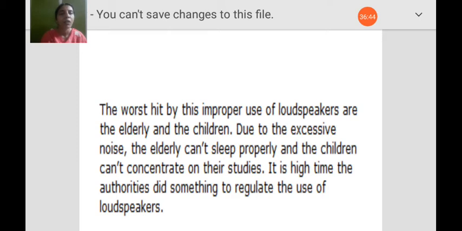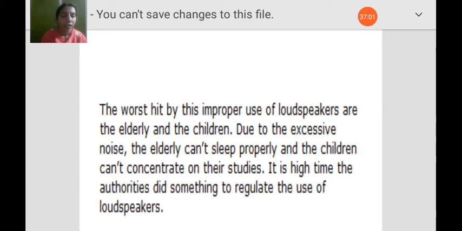And the children can't concentrate on their studies. With children, they may be deviated from their study.